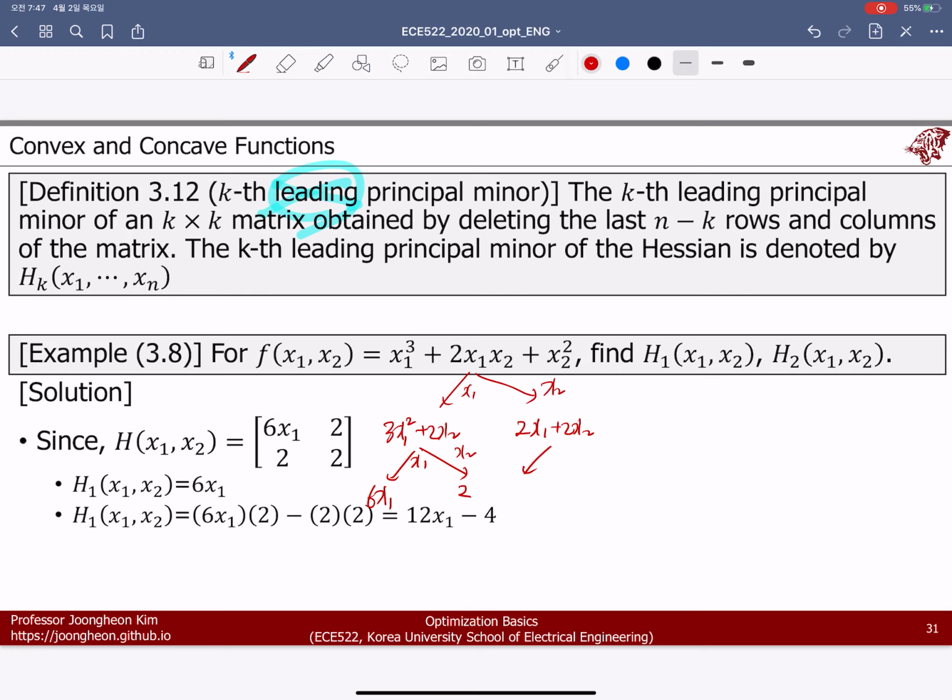We are doing the derivation with x sub 1, then it becomes 2. We are doing the derivation with x sub 2, it becomes 2. Then the matrix becomes x sub 1 2 2 2. And then our first leading principal minor will be this one. That's why we only have this one. And in this case we have this notation. When we have h sub 2, so in that case we are doing AD minus BC. That's why it becomes this one. Okay, that's why we have this result.